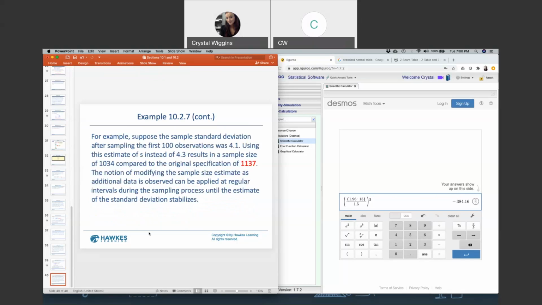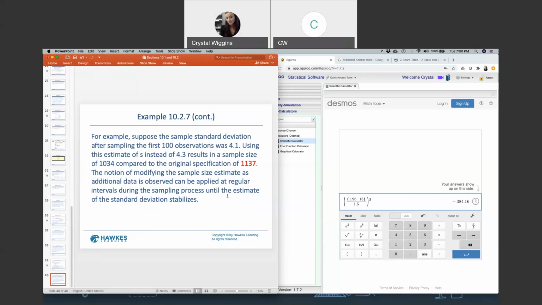So for example, suppose the sample standard deviation after sampling the first 100 observations was 4.1. Using this estimate of s instead of 4.3 results in a sample size of 1,034 compared to the original specification of 1,137. The notion of modifying the sample size estimate as additional data is observed can be applied at regular intervals during the sampling process until the estimate of the standard deviation stabilizes.